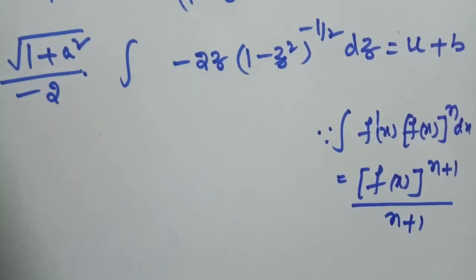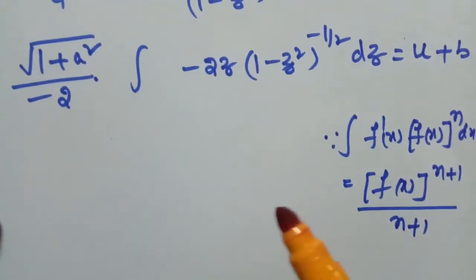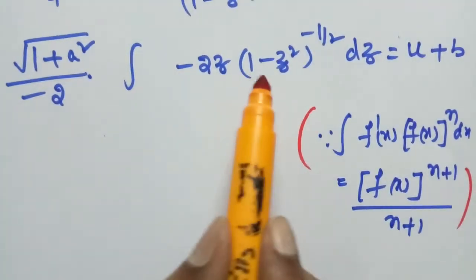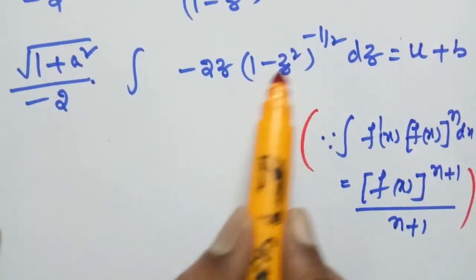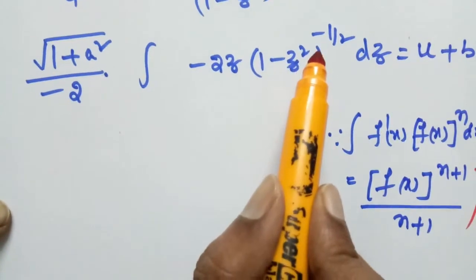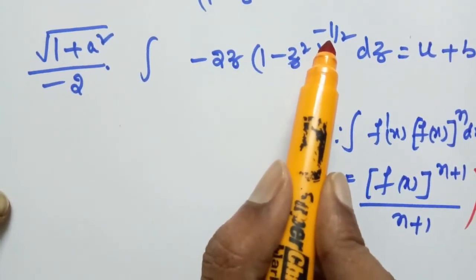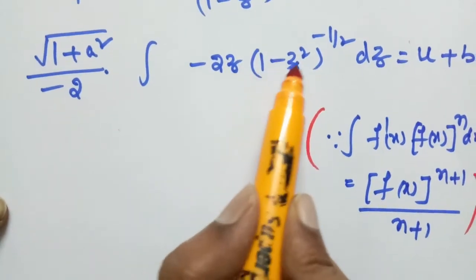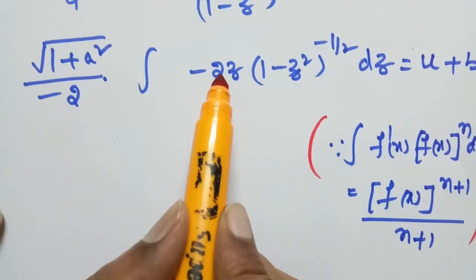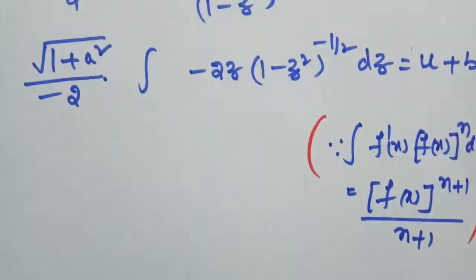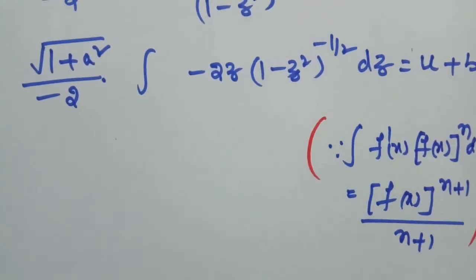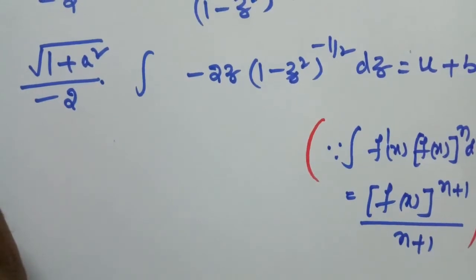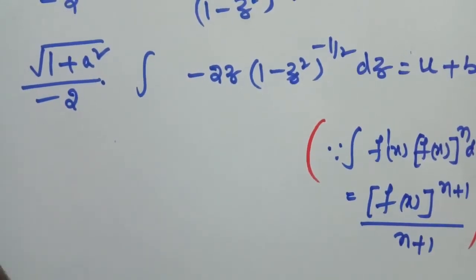This is the formula I am using here. See, f of x whole power n, 1 minus z square whole to the power of n is minus 1 by 2, and the derivative of f of x, 1 minus z square, is minus 2z. Therefore, it becomes f of x whole to the power of n plus 1 by n plus 1. Here f of x is 1 minus z square.